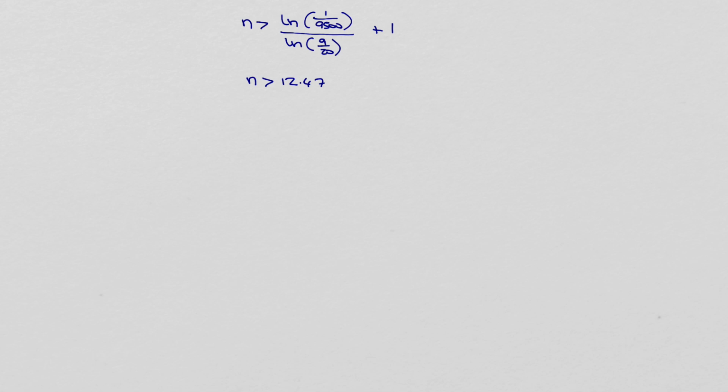But of course, we're looking for on which day the substance is first going to be less than 0.01. That means it must happen during the 12th day. If n is greater than 12.47, that means n could be equal to 12.5 or 12.6 or 12.8 or 12.9, which is during the 12th day.